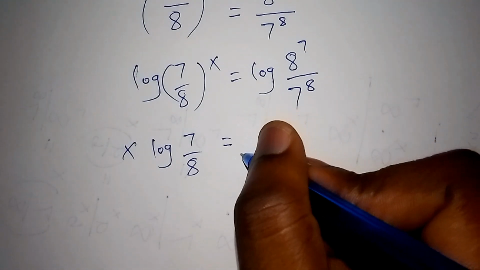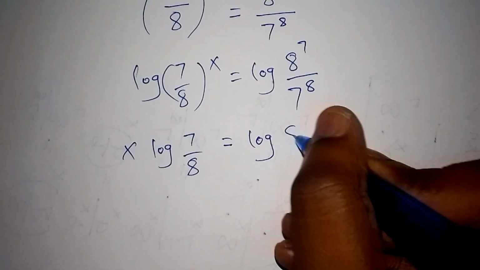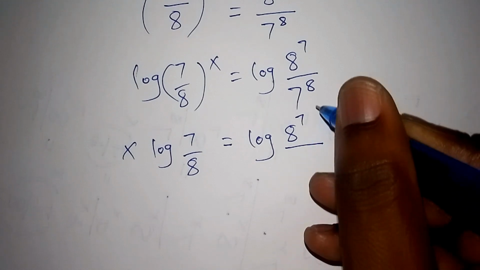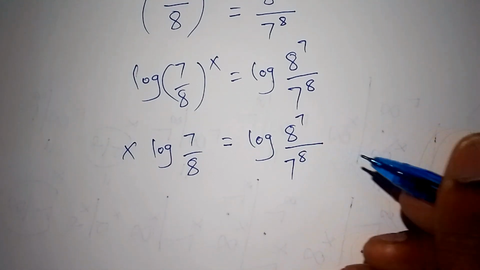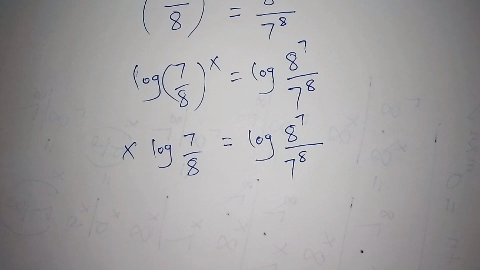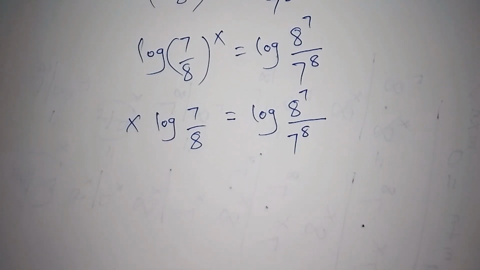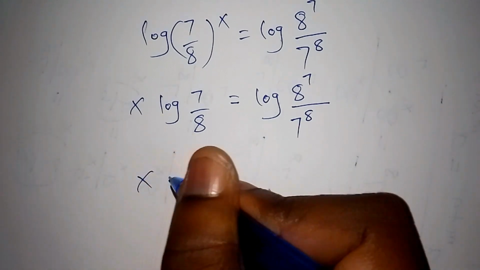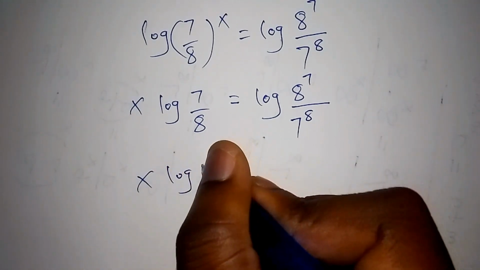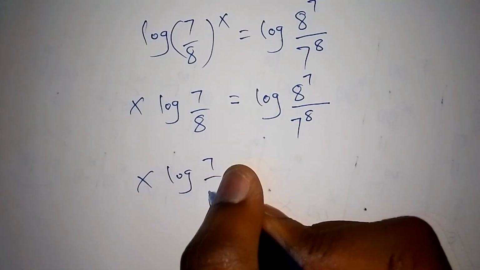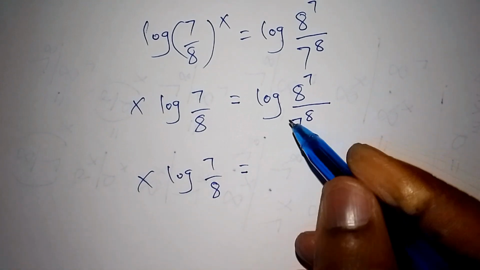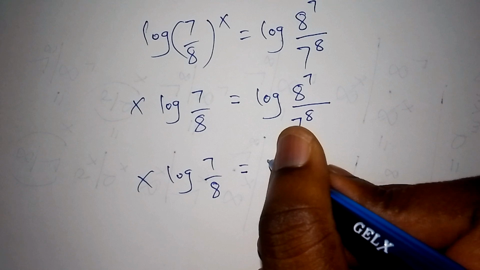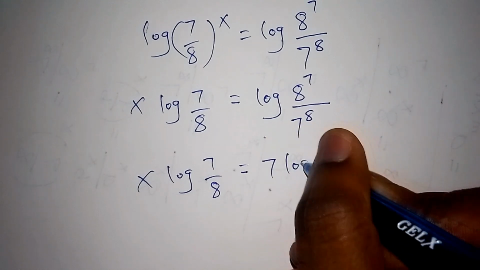Here we shall have x log 7 over 8 equals, the log of 8 to the power of 7 can also be written as 7 log 8.